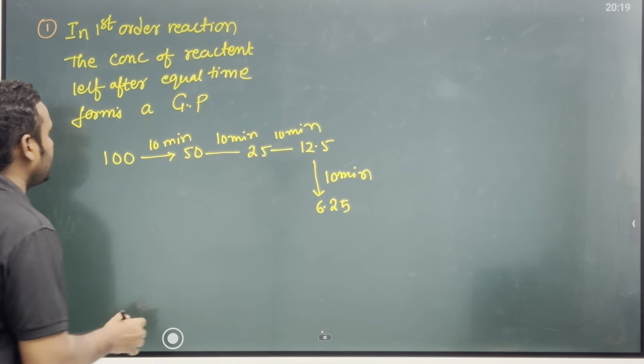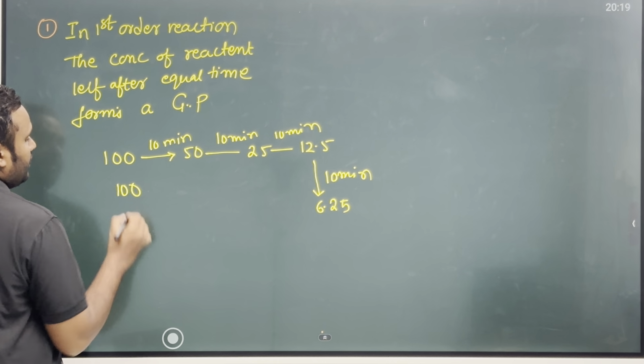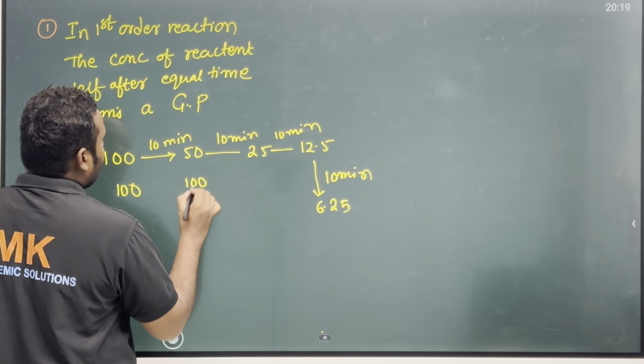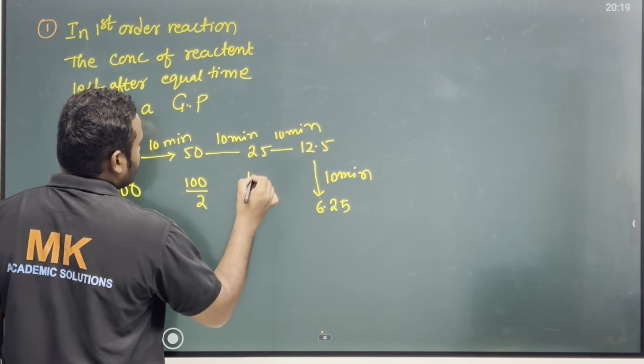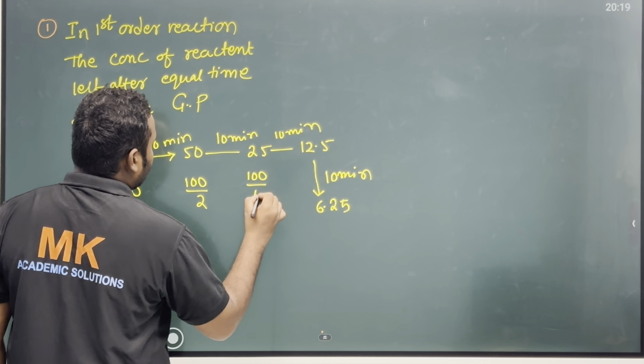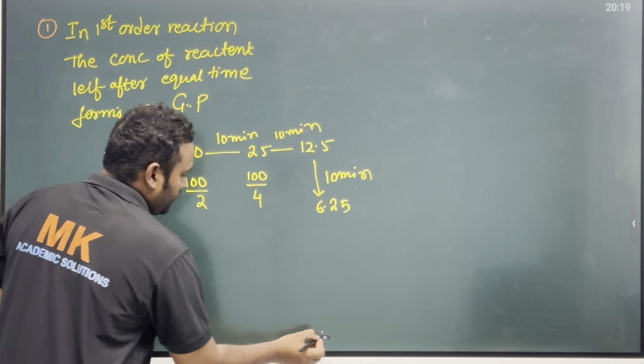So here what is the concentration here? 100. Here what is the concentration? 100 by 2. Here what is the concentration? 100 by 4.